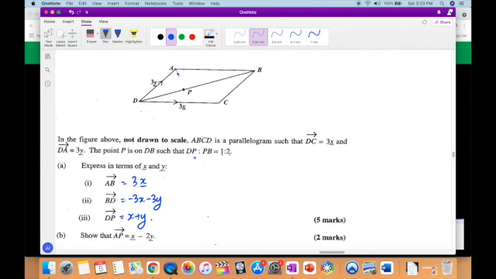So show that AP, who is AP? AP is this. And you notice the direction from A to P is equal to x minus 2y. Well, AP is equal to, if I want to drive from A to P, I had to go from A to D and then D to P. You can see the D's cancel off and I have AP there.